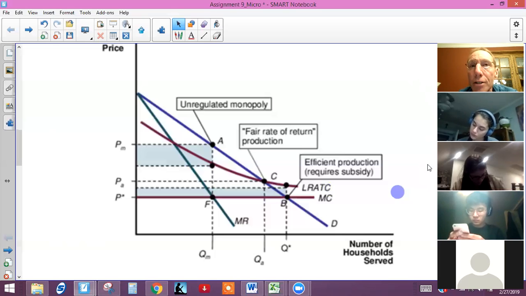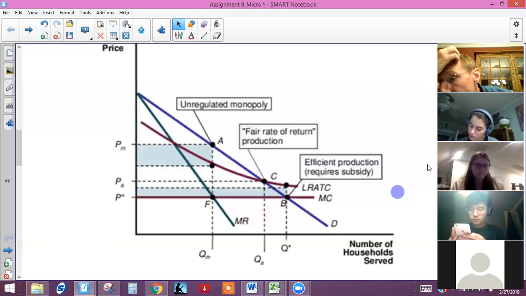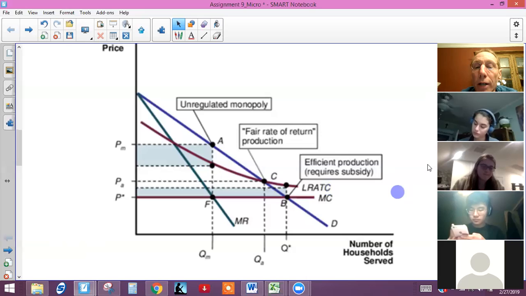So to add us as a customer, the marginal cost of that is not much at all. And as they add customers, their average cost actually goes down because we're paying more than it's costing them. So that's what you want to know about a natural monopoly. And then we'll get to more of this as we go through.